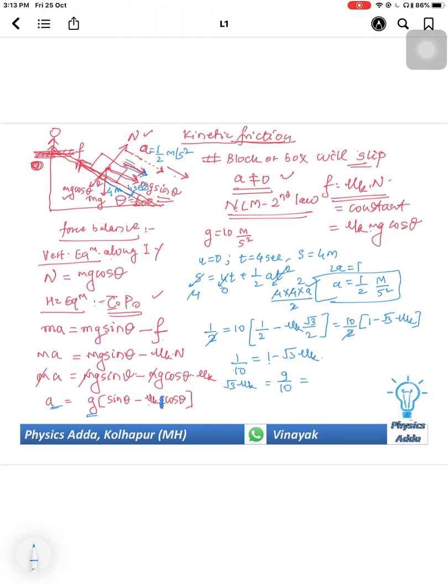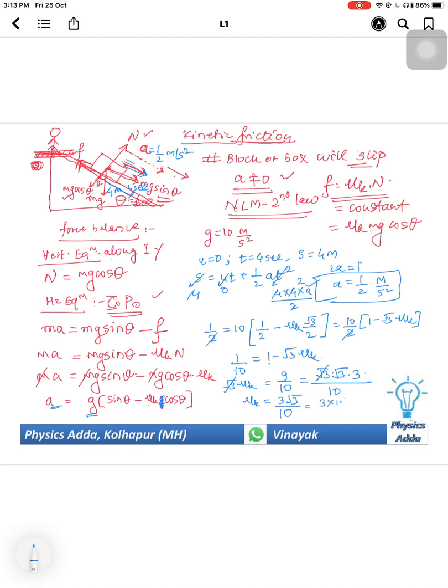Which can be written like this: root 3 into root 3 is 3, so 3 into root 3 divided by 10. So this root 3 gets cancelled, and finally mu k is equal to 3 root 3 by 10. What is the value of root 3?